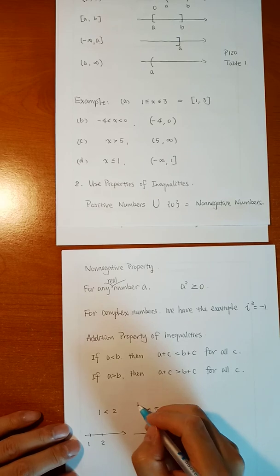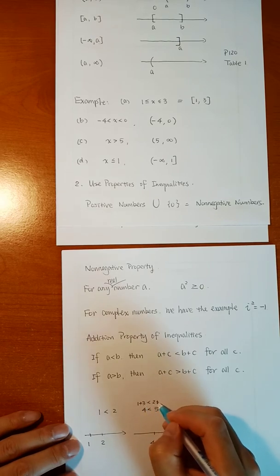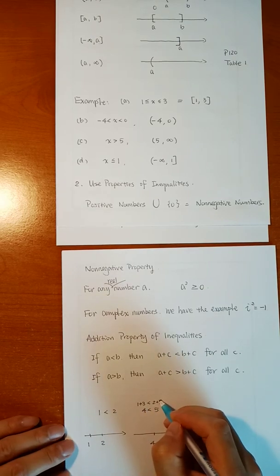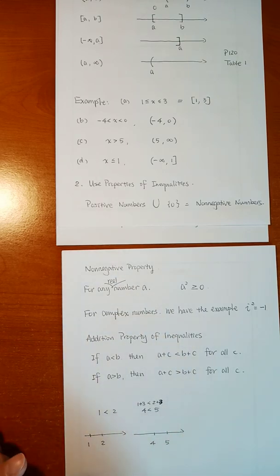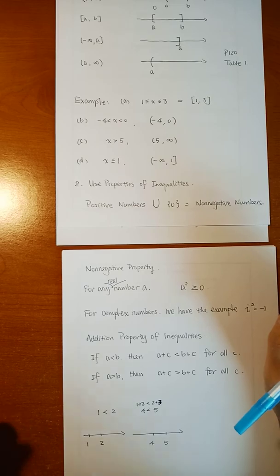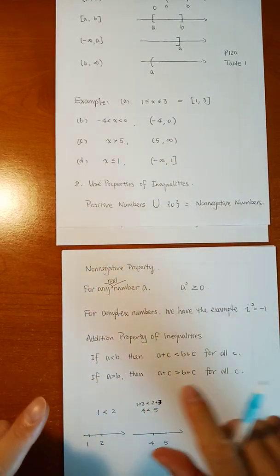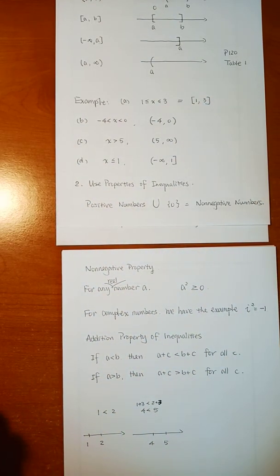So this is 1 plus 3, 2 plus 3. You move them together, then you don't change the inequality. Right? So this is the addition property of inequalities.